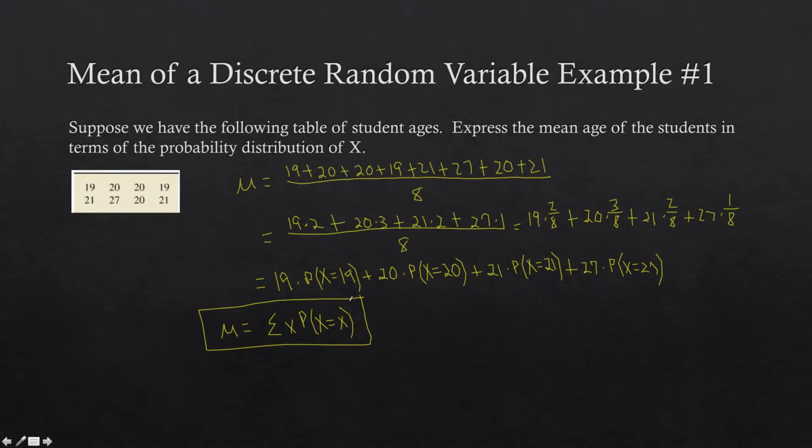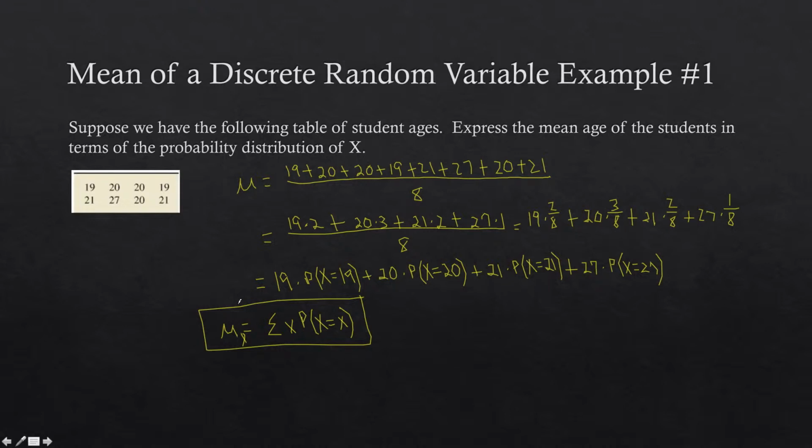Sometimes, as I said, we denote this with an x here so that we know it is a discrete random variable, and sometimes we call that population mean expected value or expectation in place of the word mean. So don't let that be a burden if you see that.